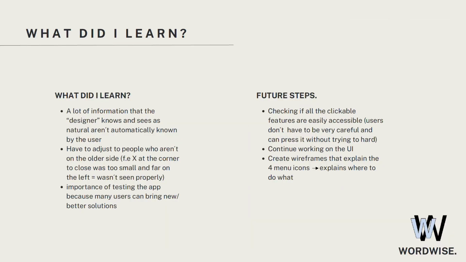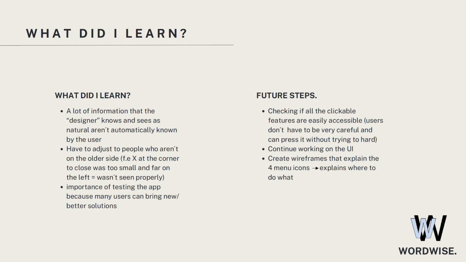What did I learn? By doing the usability testing, I learned that a lot of facts that the designer knows and sees as natural aren't automatically known by the user. The second lesson would be that I also have to be a little more inclusive, or more like think inclusive. Because for the younger generation, it's normal to see little details, but the older generation often struggles with bad eyesight.